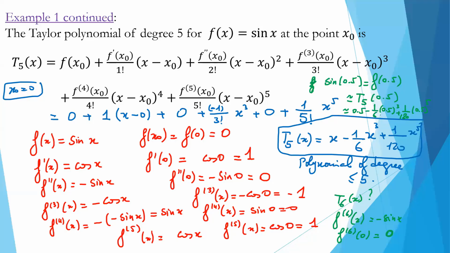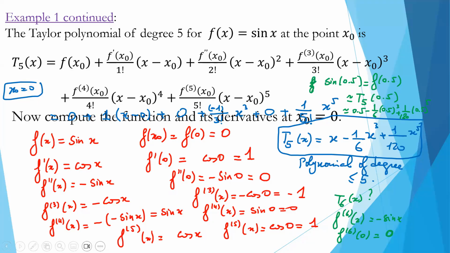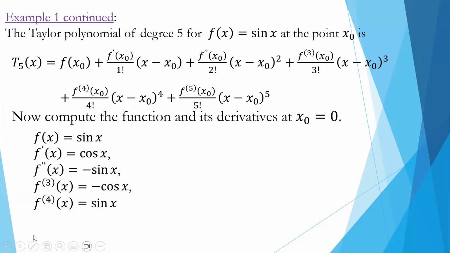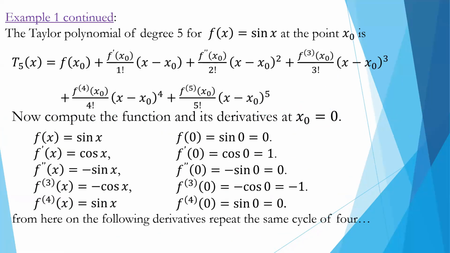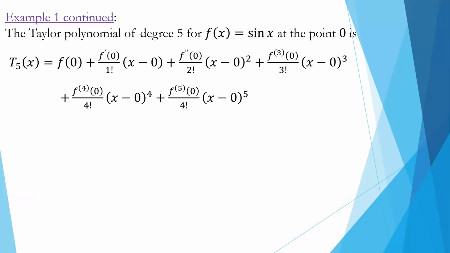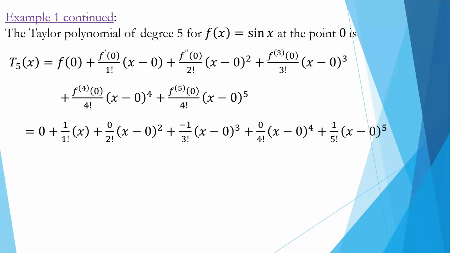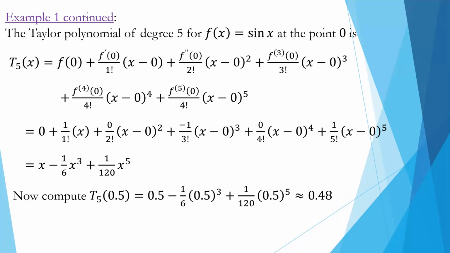Can you calculate this value? It's calculated here, you can check. These are the coefficients, this is the final expression of T5, and T5 of 0.5 is approximately equal to 0.48.